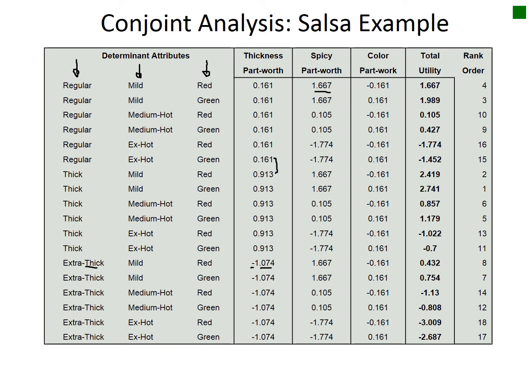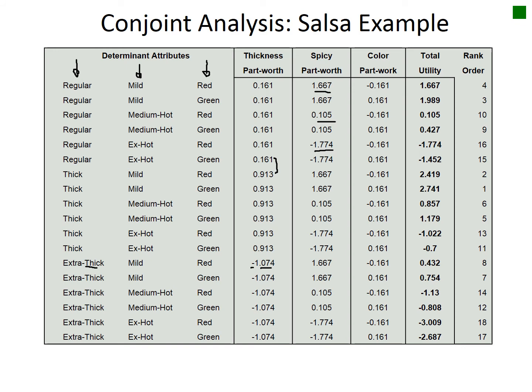So mild is 1.667. That's really big compared to these other ones. We have 1.05 for medium hot, and then we have extra hot, which is negative again.